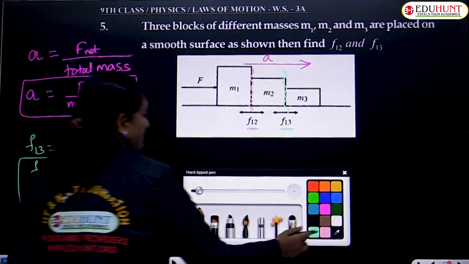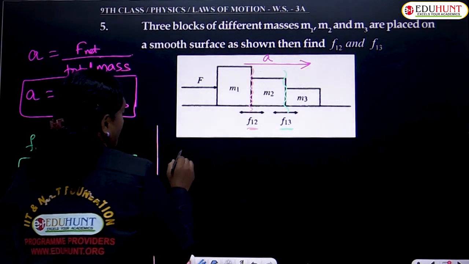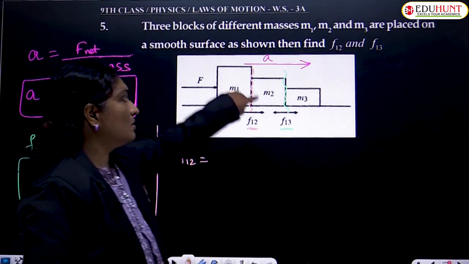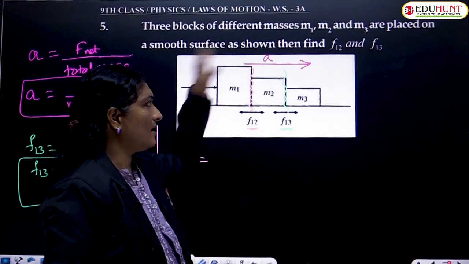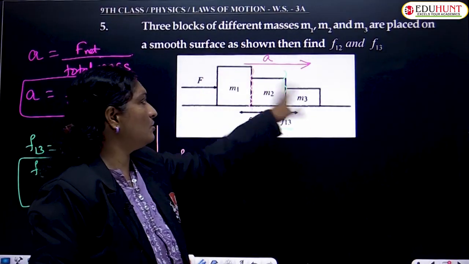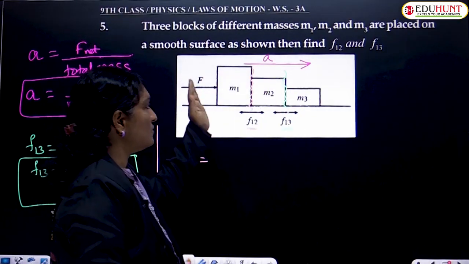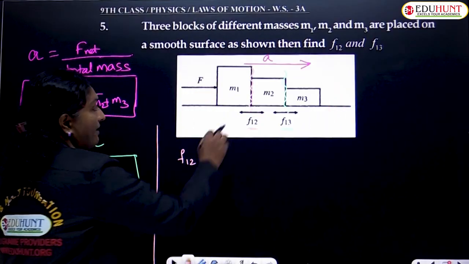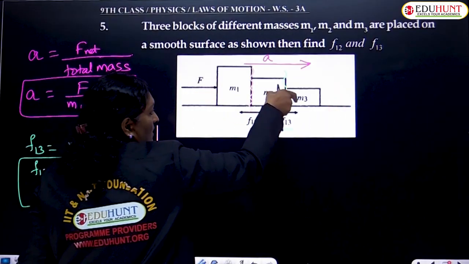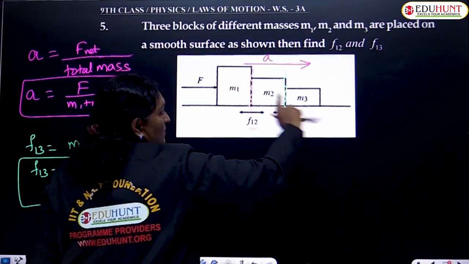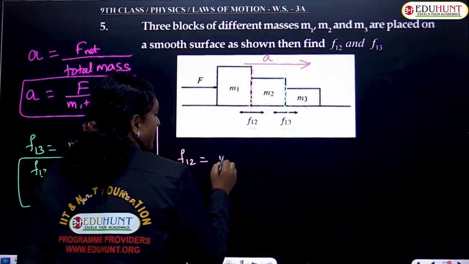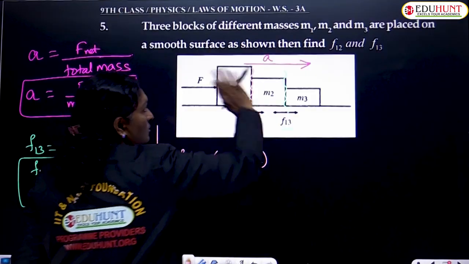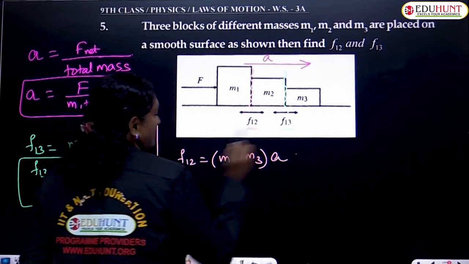You are also asked to find the value of F12. So let us find it. In order to find F12, identify how many bodies this contact force is acting on. Two different bodies. This force pushes both the blocks towards the right side. So F12 is equal to the mass being pushed, both blocks, that is M2 plus M3, the total mass, into the acceleration of the system.